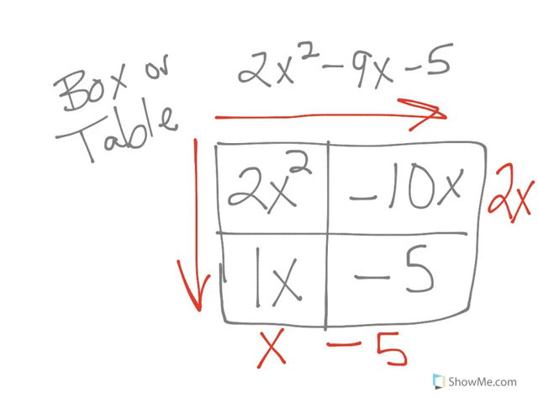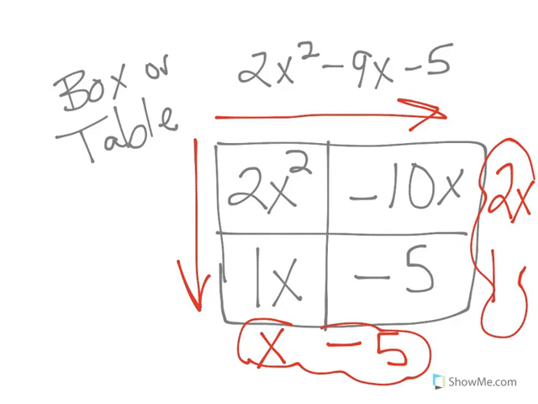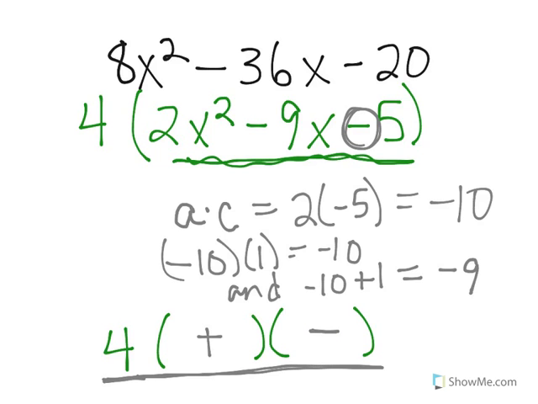And 1x and minus 5 have a common factor of 1. So these become my binomial factors, and I'm going to put those into the parentheses that I had made notation of earlier. So it was x minus 5 and 2x plus 1. So this would be my answer.